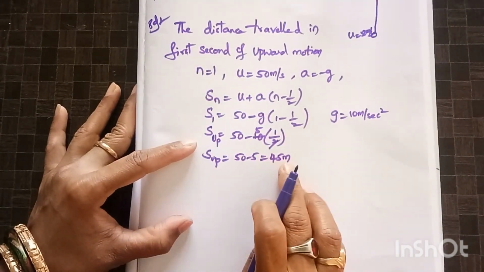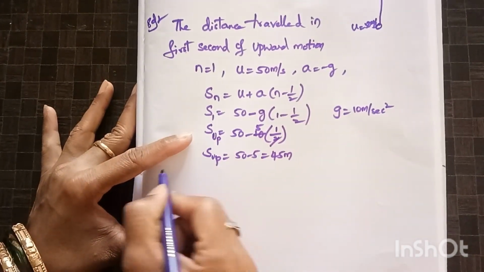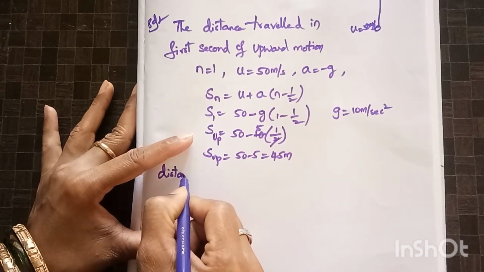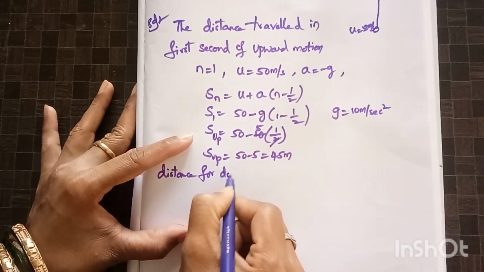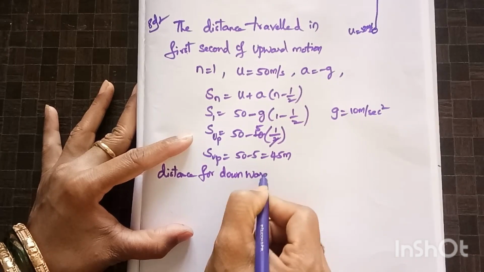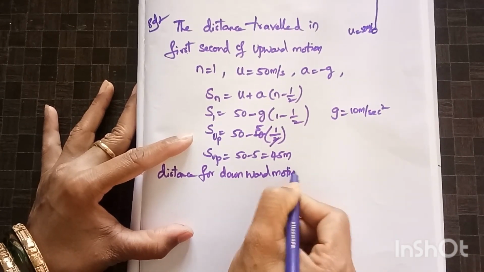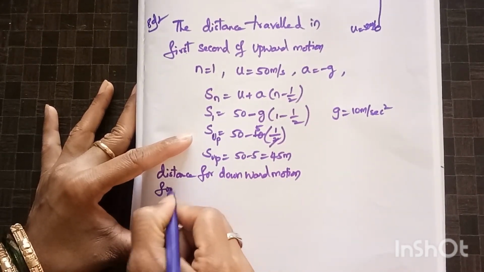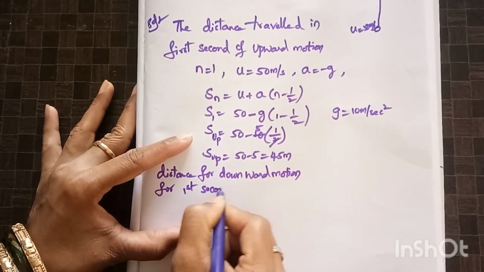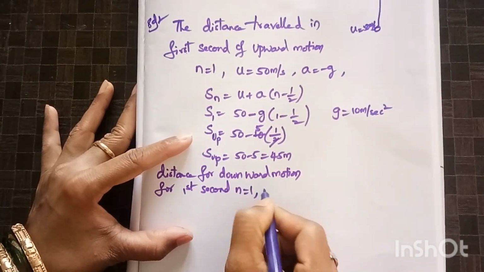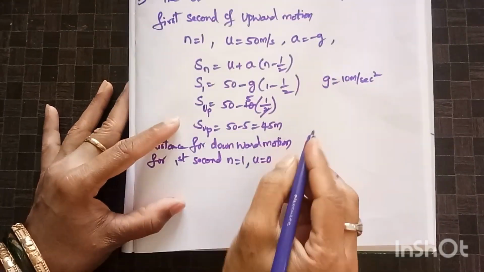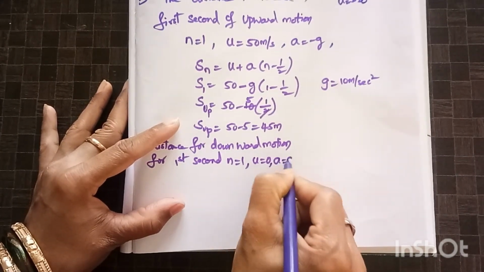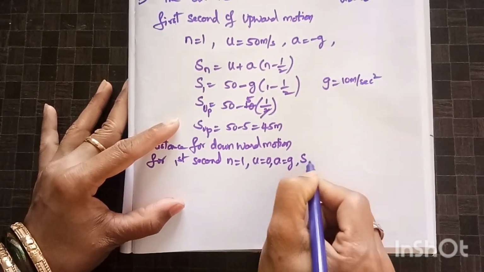Same way, the distance for downward motion for the first second. n equals 1, u equals 0. Downward motion means u equals 0, a equals g, and S is S down.